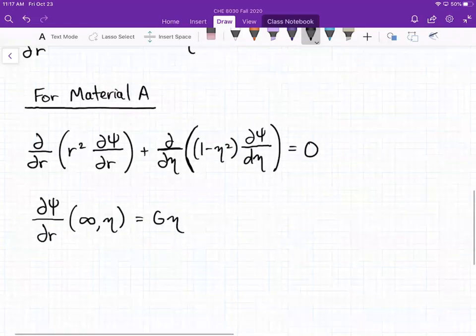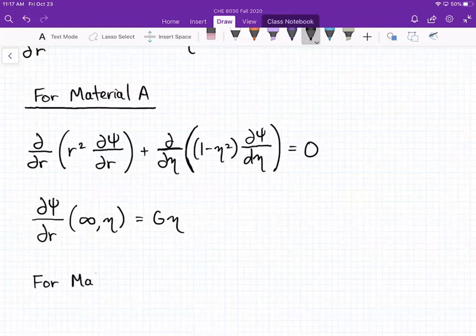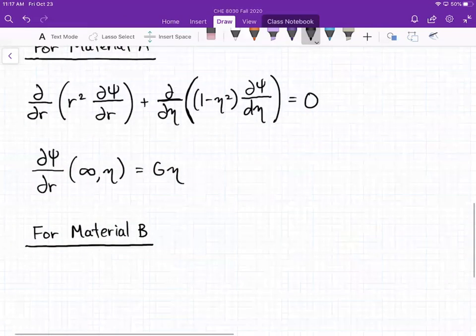I'm going to move on and write my governing equation for material B. It should look exactly the same as the equation I just wrote for material A, except that I have the variable lambda instead of psi.